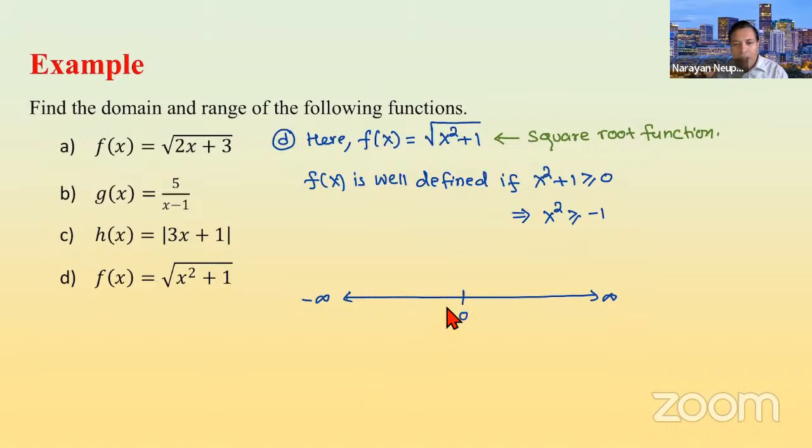Now if you think of any number less than 0, meaning a negative number, maybe negative 5, if you square a negative 5, that will be positive 25. 25 is greater than negative 1. Is that right? Yes, right?